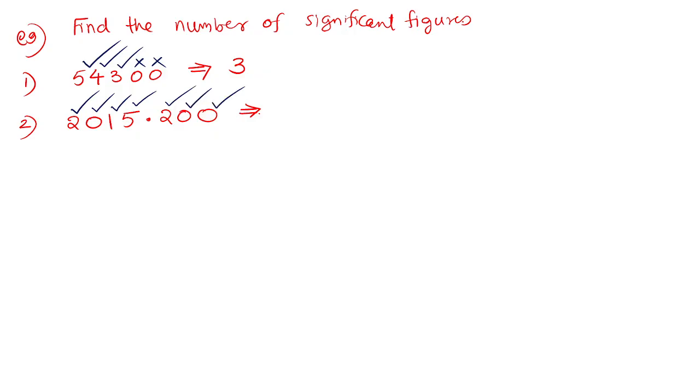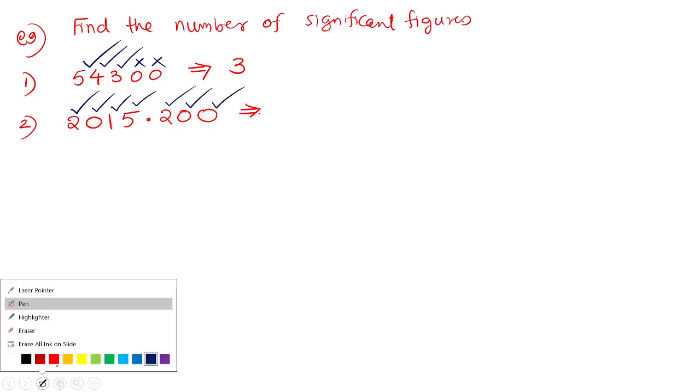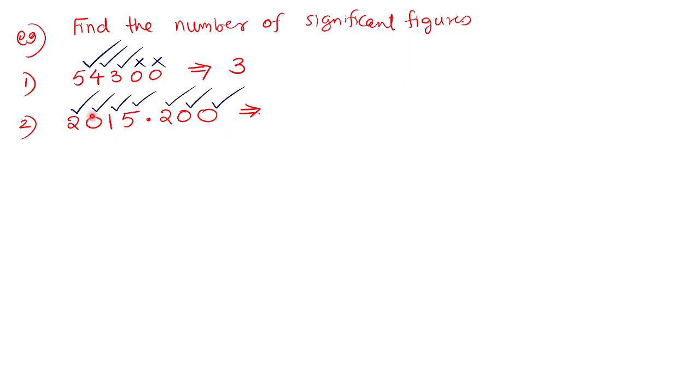So these trailing zeros are significant. The point is not a digit, so we don't count the point as significant. 1, 2, 3, 4, 5, 6, 7. 7 significant figures are there.